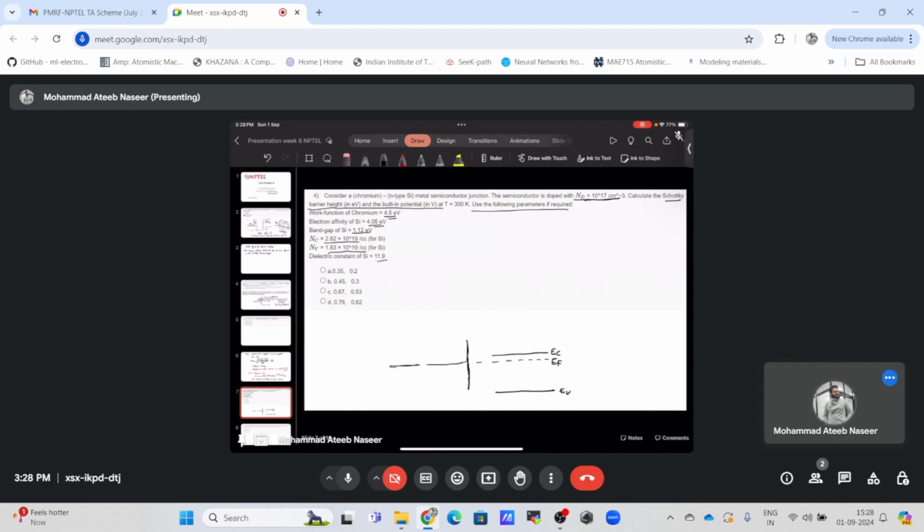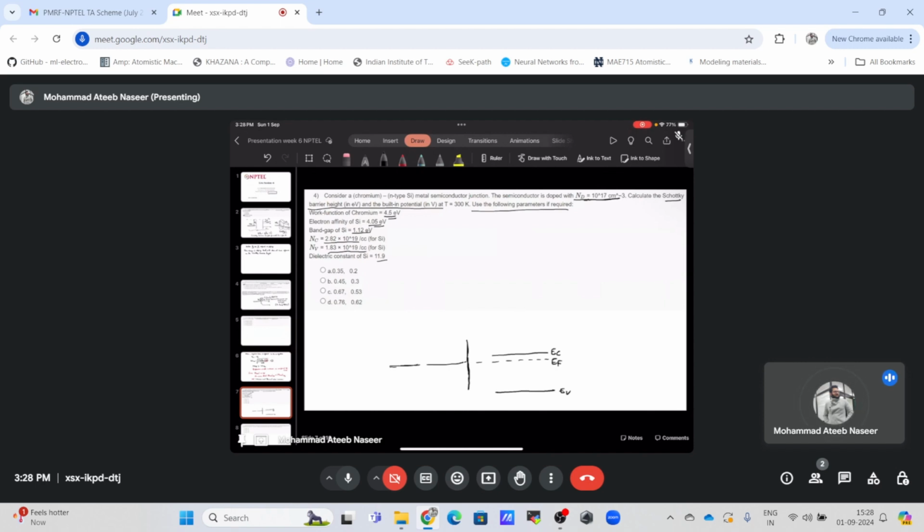Had it been in the middle of the band gap, we could have easily said that if 1.12 is the band gap, divided by 2 it is simply 0.56. If I add it to the electron affinity, which is 4.05, it will be 4.61.